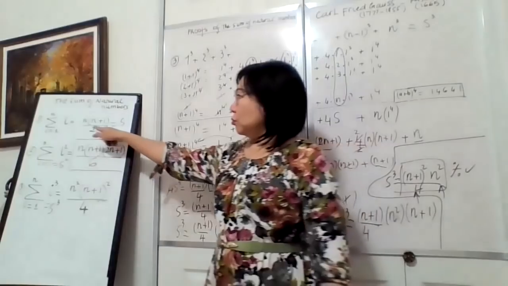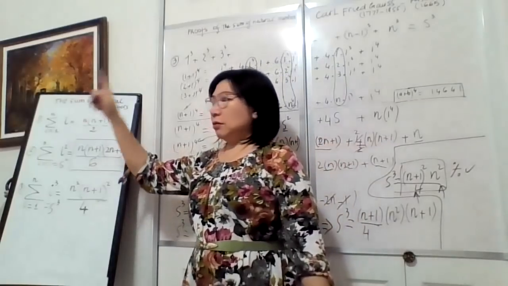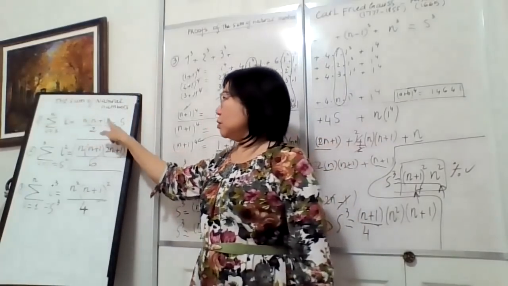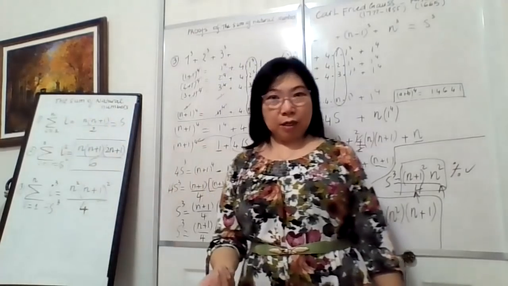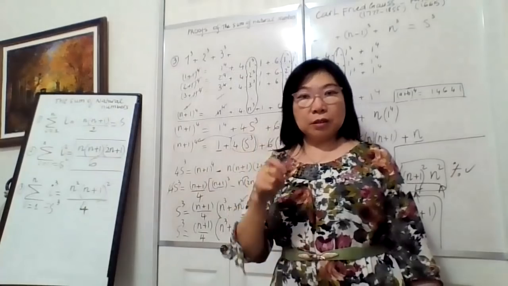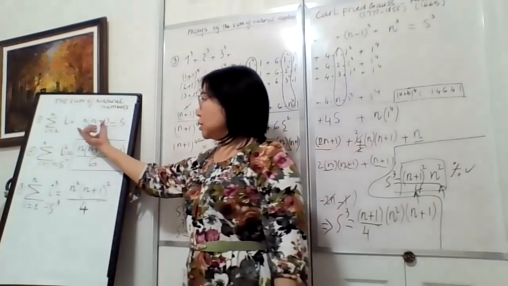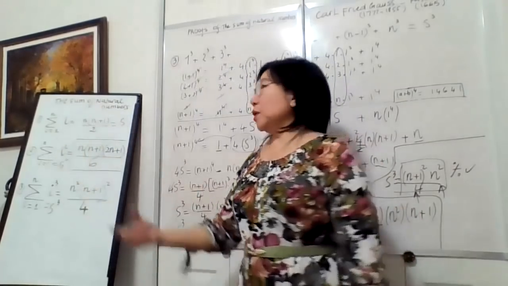But now you know, if we add 1 plus 2 plus 3, you can use this formula. And depending on how many terms you add, and depending on the number they give you, you can just toss it in and use that.